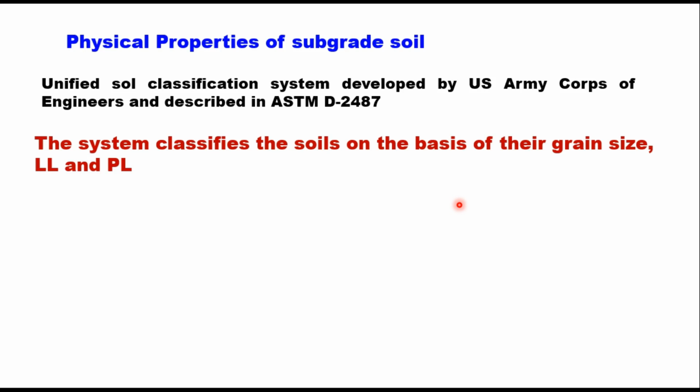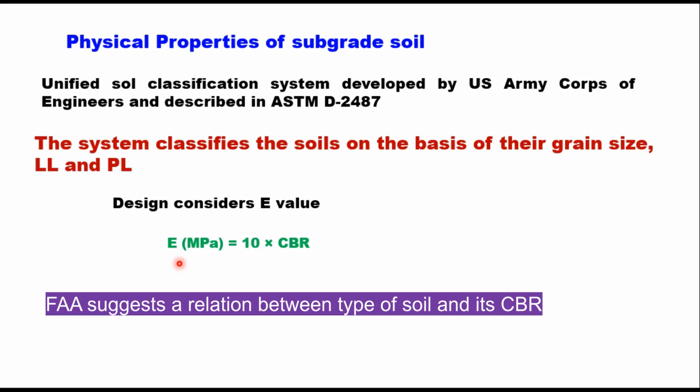But the engineering property which is considered in the design is the CBR value. CBR value is considered on a remolded sample, and E value is obtained by multiplying CBR by a factor of 10. But in FAA software, the units are US customary units, that is inch and PSI, and therefore E in PSI is 1500 into CBR.